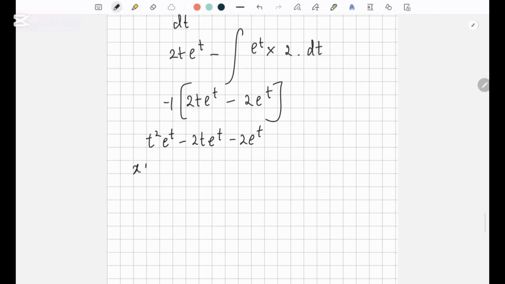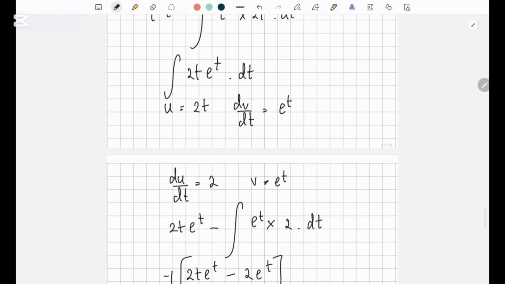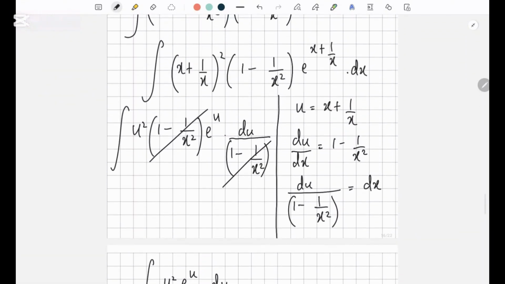So this is (x plus 1 over x) squared e to the power x plus 1 over x, minus 2 into (x plus 1 over x) e to the power x plus 1 over x, minus 2 e to the power x plus 1 over x.